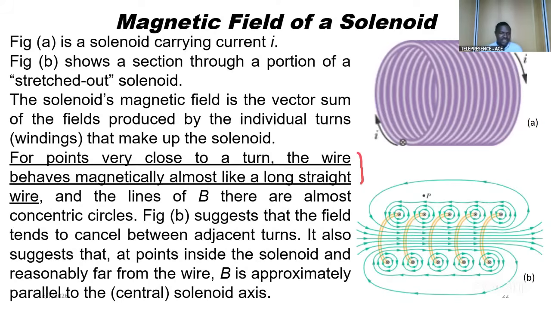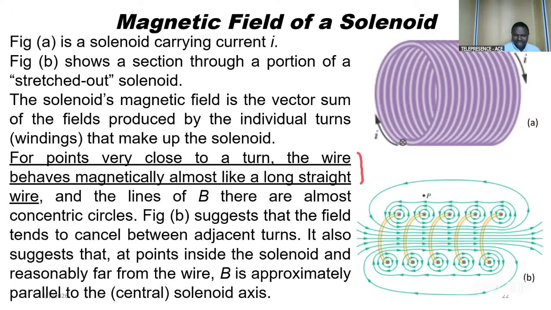So what I'm saying here is that when we have a magnetic field of a solenoid, it actually behaves like a long straight wire, although it's actually one round. I said that any magnetic field outside the solenoid is equal to zero. For a point very close to a turn, the wire behaves magnetically almost like a long straight wire, and the lines of B are almost concentric circles.